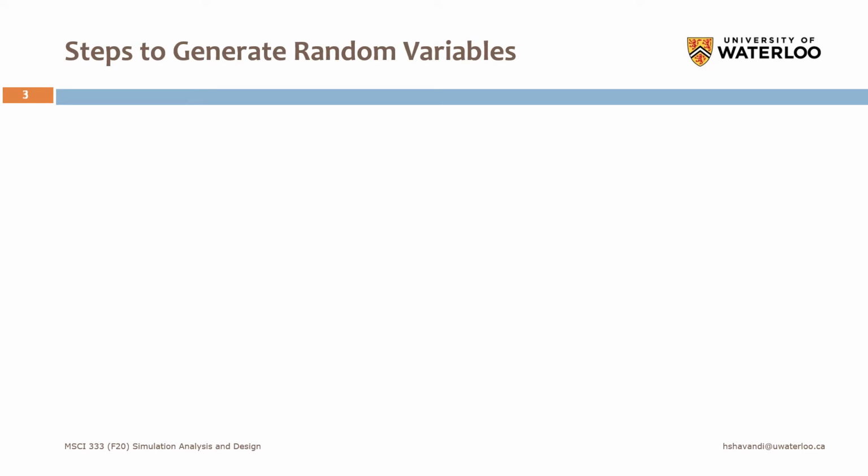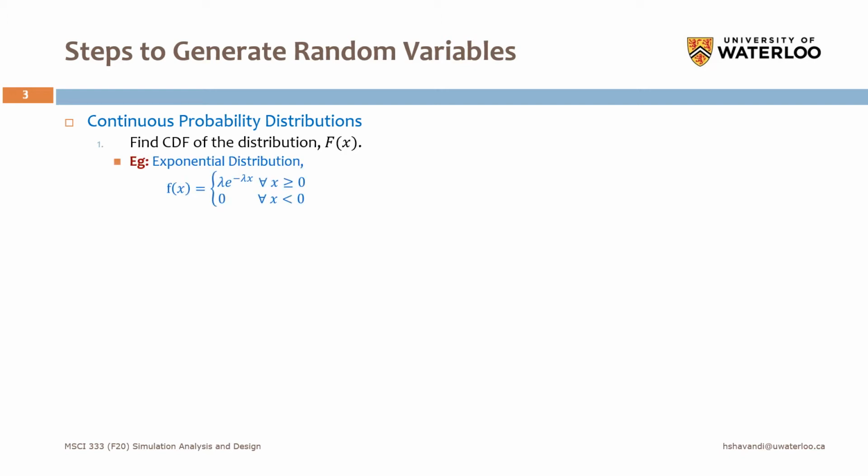Now let's go through the process of generating random variables separately for continuous distributions and discrete distributions. Let's go first for continuous distributions. For continuous, the first step is finding the CDF function. Let's have an example here. Let's say our distribution is the exponential distribution, so we want to generate a random variable from the exponential distribution.